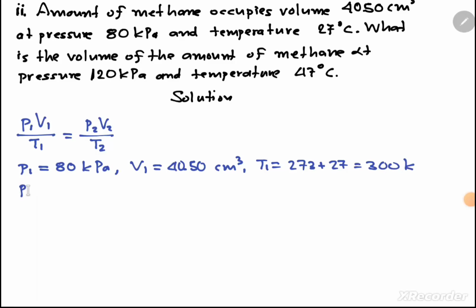And for the second condition, be careful to have the same units for pressure, temperature, and volume.